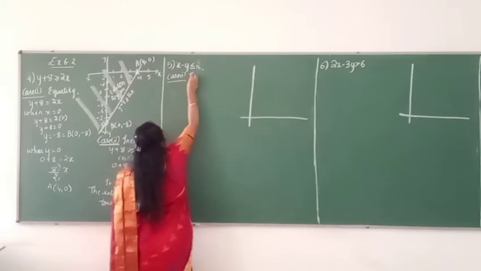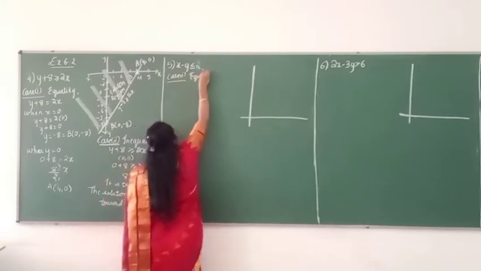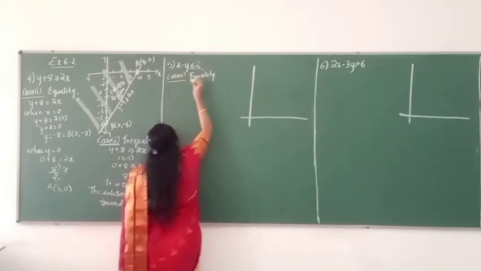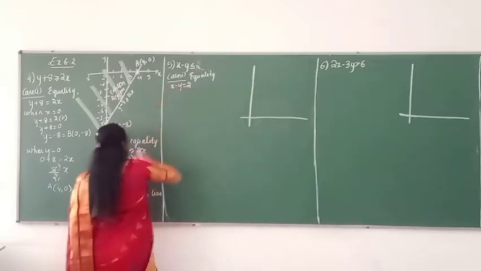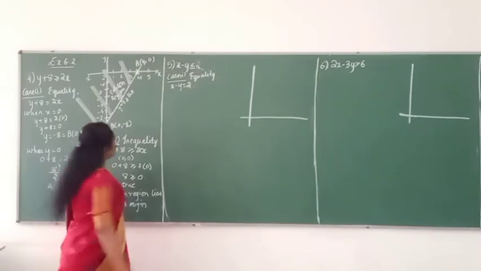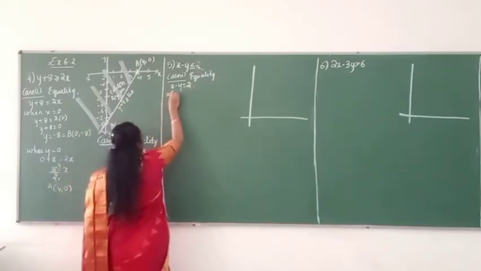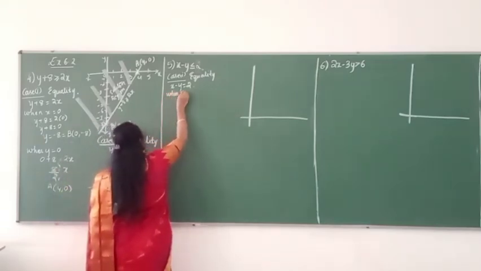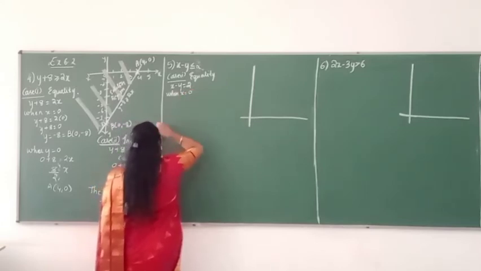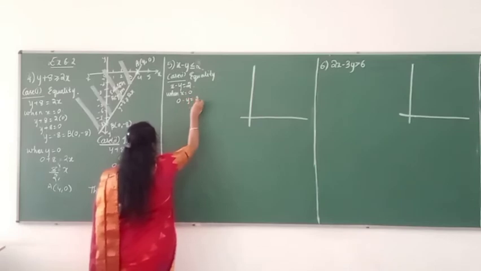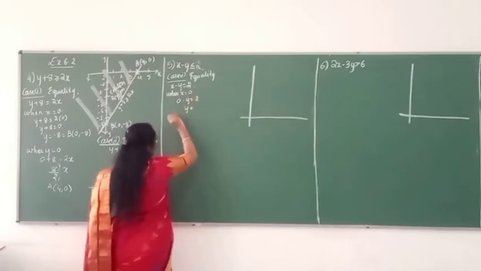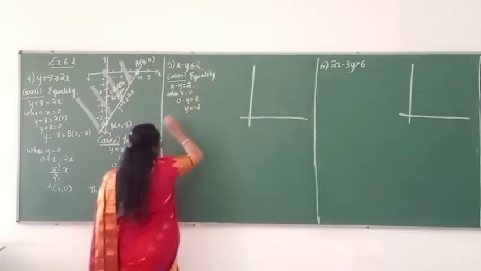Case 1. Equality. So x minus y is equal to 2. When x is equal to 0, so here what will we have? 0 minus y is equal to 2. Therefore y is equal to, just multiply both sides by negative, so it will be -2.